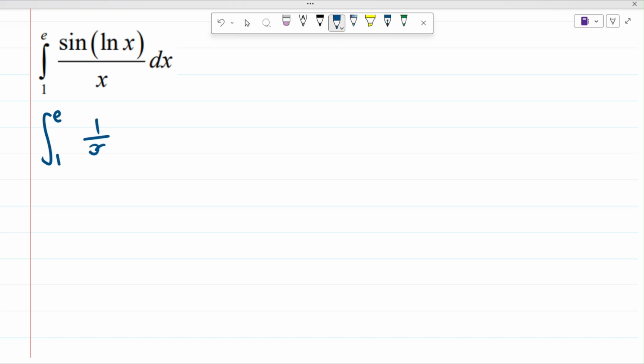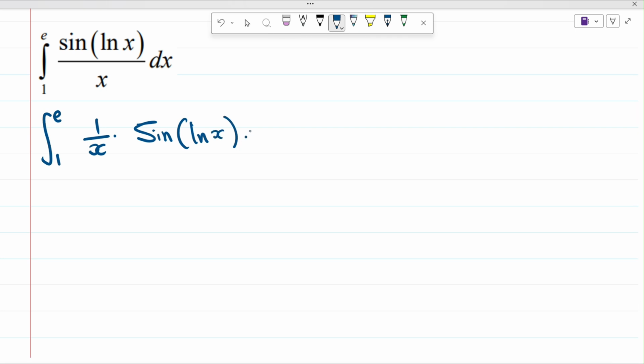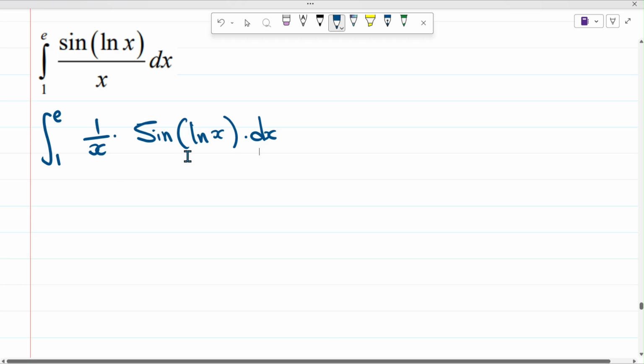So I can just say 1 over x multiplied by sine of ln of x, then dx. Because I have a trig function and the derivative of its argument, I can just ask myself, what is it that was differentiated for me to get positive sine?